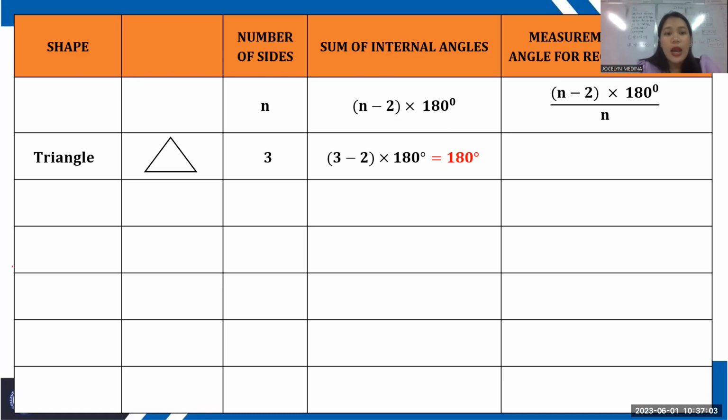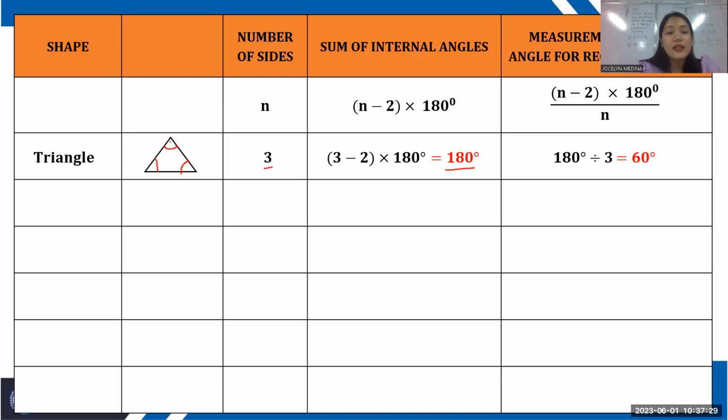Ngayon naman, ano naman kaya yung individual na measurement ng ating interior angle? What do I mean? Ano ang measurement na dito? How about this? So, ang gagawin nyo lang is, using your 180 divided by the number of sides. 180 divided by 3, 60.